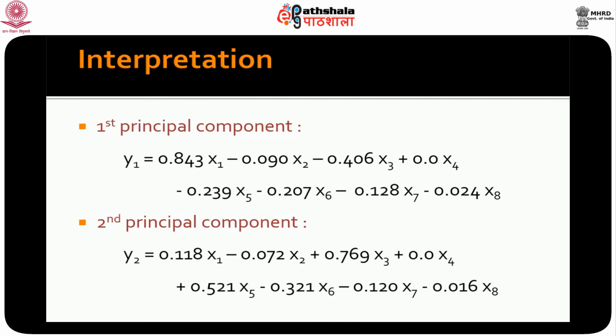Then the first principal component would be given by minus 0.341 x1 minus 0.346 x2 minus 0.364 x3, etc., minus 0.334 x8. Similarly, the second principal component would be given by 0.46 x1, 0.434 x2, etc., up to minus 0.524 x8. So, these are basically the linear combinations that we can have.